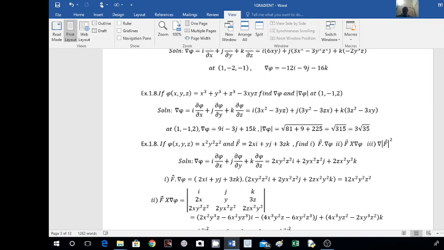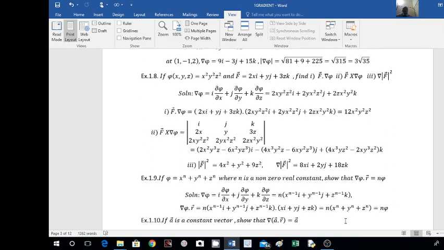Okay, and then f cross del phi. The cross product we write like this, as a determinant. First row is i, j, k, second row is f, 2x, y, 3z, and the third row is the components of del phi: 2x y squared z squared, 2y x squared z squared, 2z x squared y squared.